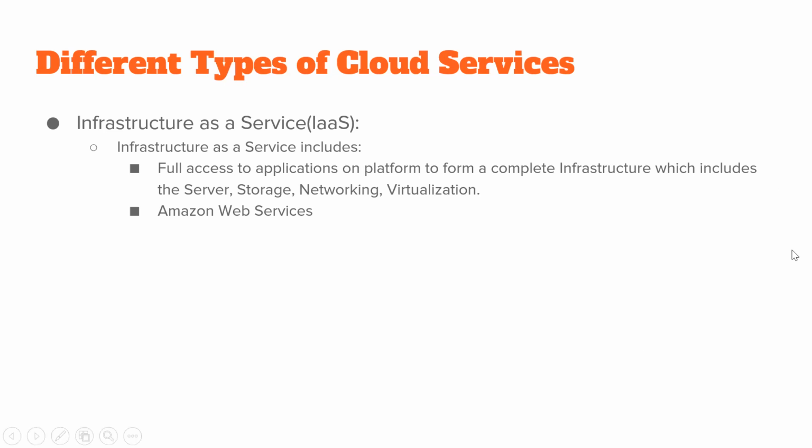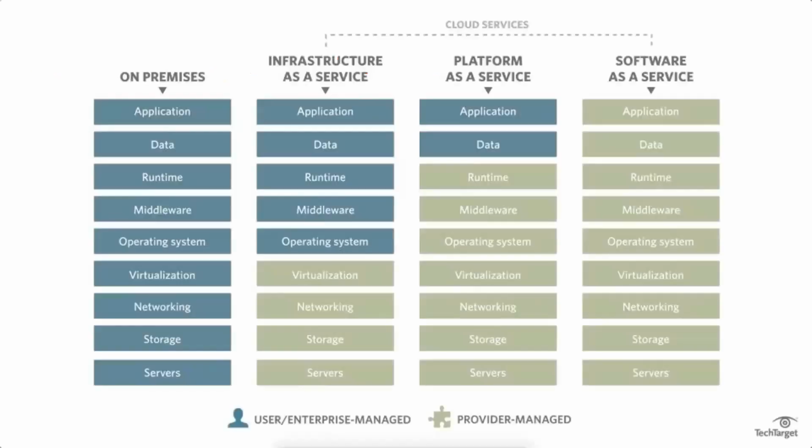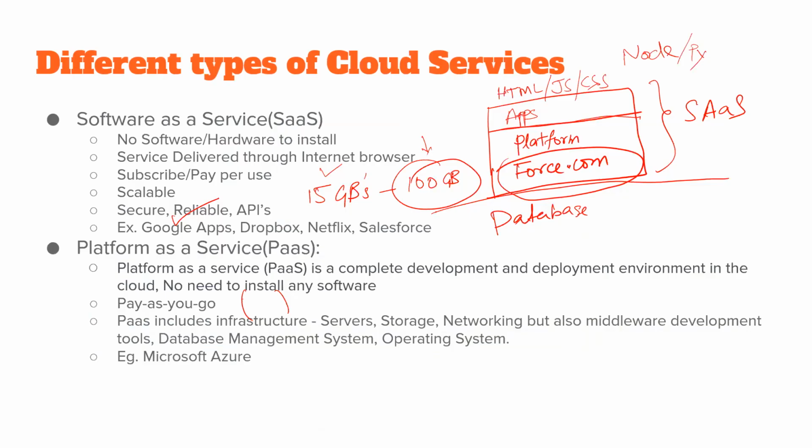So these are the three different types of cloud services available in the industry, and we have seen the differences between them. Infrastructure as a service is also called IaaS, and platform as a service is called PaaS. SaaS, PaaS, and IaaS.